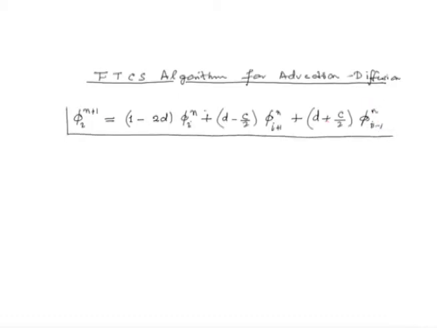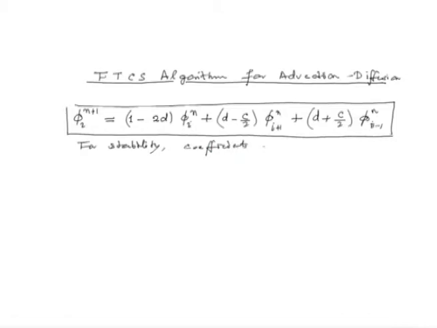We want all coefficients on the right hand side to be positive. So, for stability, the coefficients of phi I n, phi I plus 1 n and phi I minus 1 n must be positive.